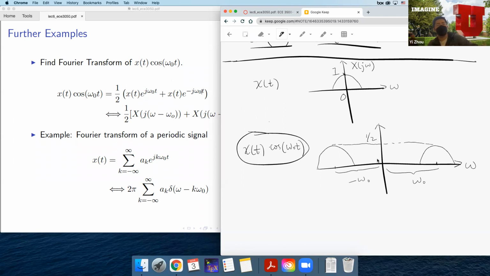And then you can imagine that on the receiver side, once you receive such a high frequency signal, you need to do a demodulation and shift the spectrum back to the low frequency region so that you can recover the voice signal and you can hear that using your ear.